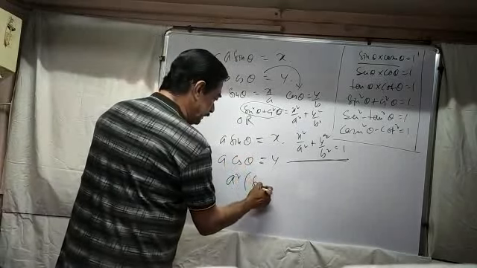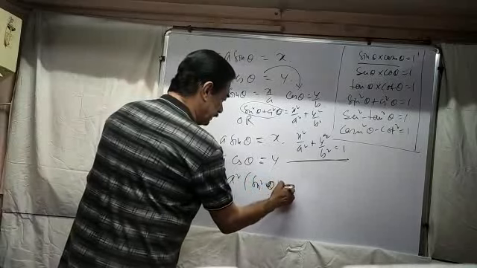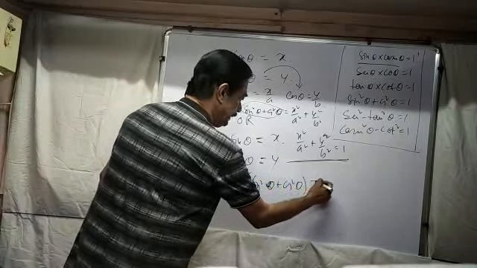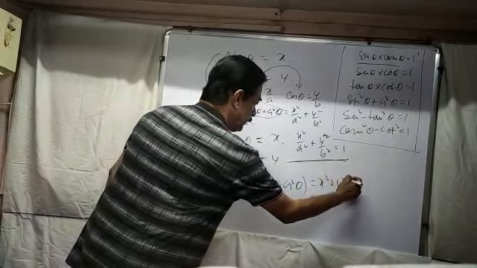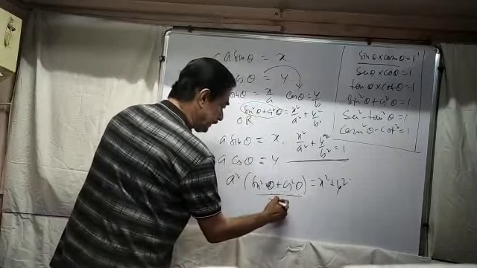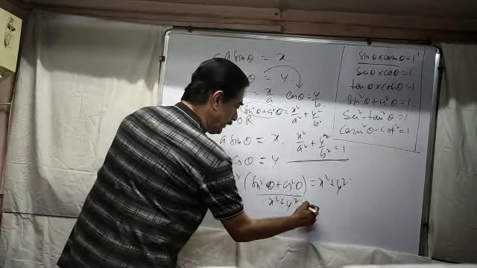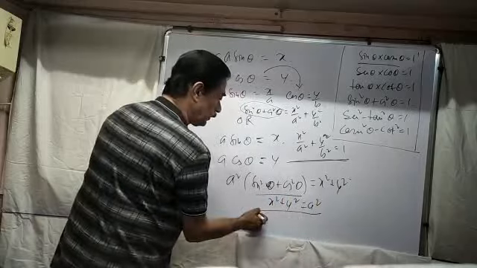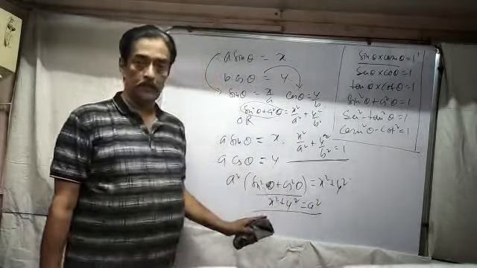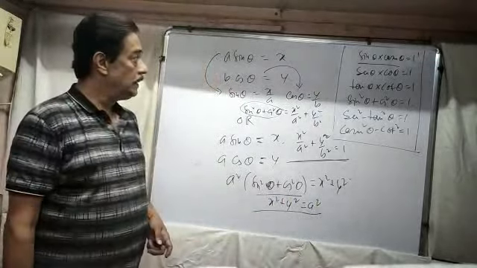So a square common, sin square theta plus cos square theta equals 1, and the right side is x square plus y square. So x square plus y square equal to a square. This is the standard form of the circle, most important theory.